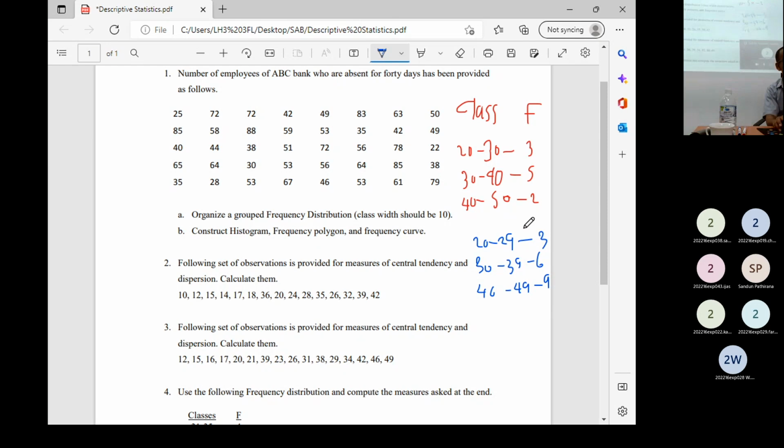When you interpret 20 to 29, 30 to 39, 40 to 49, here how you interpret is 20 or more less than 30, 30 or more less than 40, 40 or more less than 50. Right. Now when you organize these distributions with more data, what is the mechanism you can use?